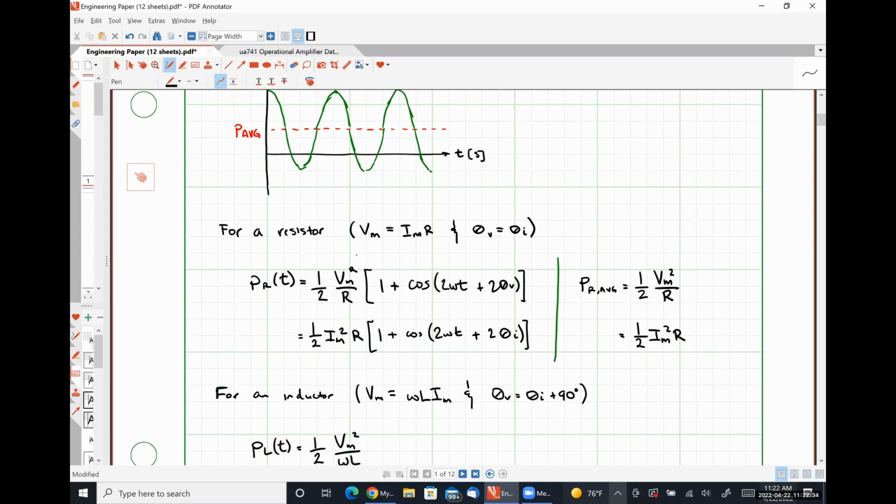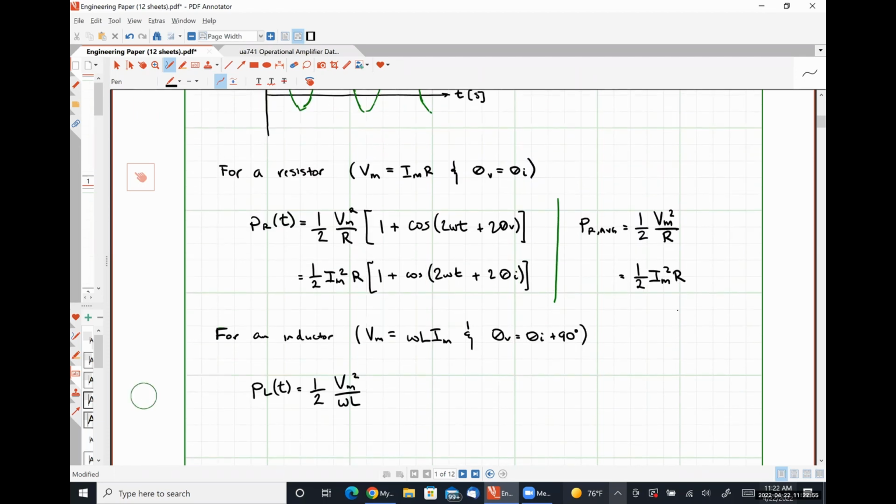It's 0. So that means that for an inductor, there will not be an average power portion because the DC offset of that signal is 0, okay?